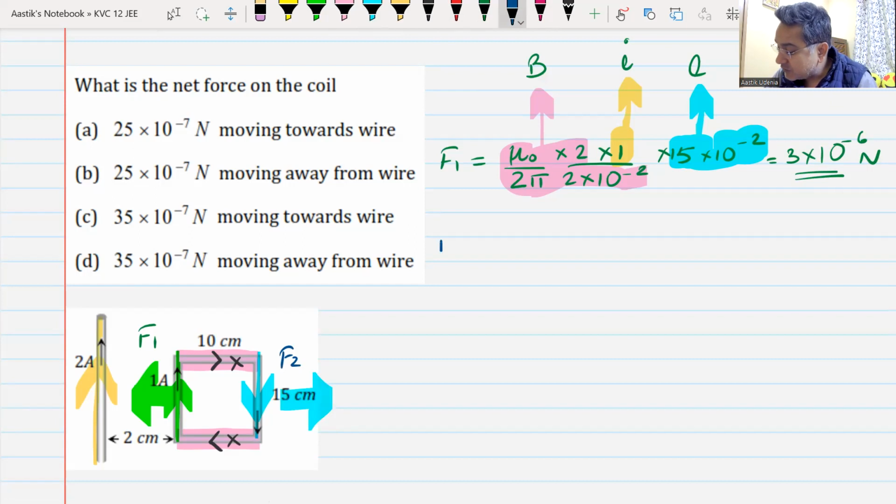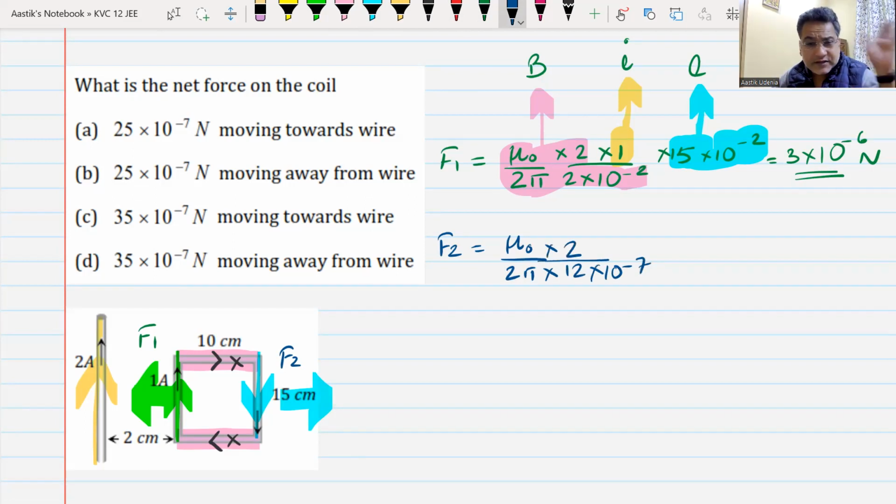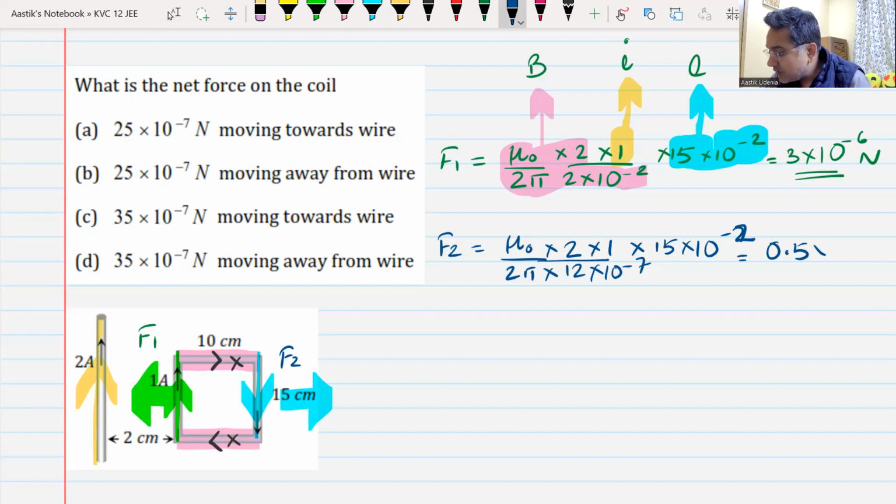Mu naught by 2 pi into R, where the distance is 2 centimeter plus 10 centimeter, that is 12 centimeter, 12 into 10 to the power minus 2, multiplied by 2 ampere, the current in the first wire which creates the field, multiplied by 1 ampere, the current in the second wire, multiplied by 15 into 10 raised to the power of minus 2. This force is going to be 0.5 into 10 raised to the power of minus 6 newtons.